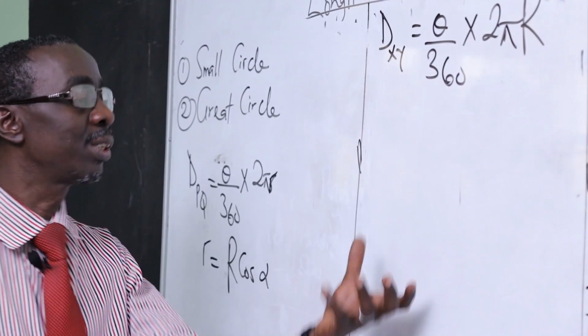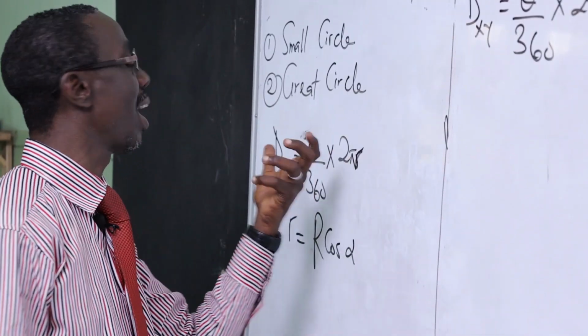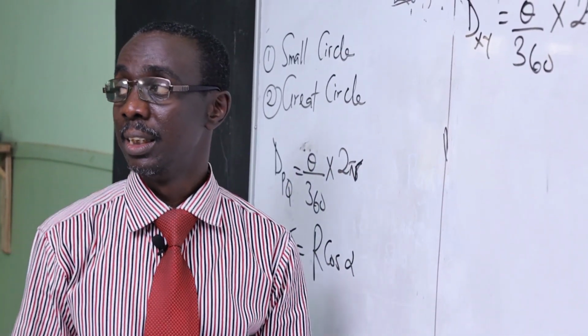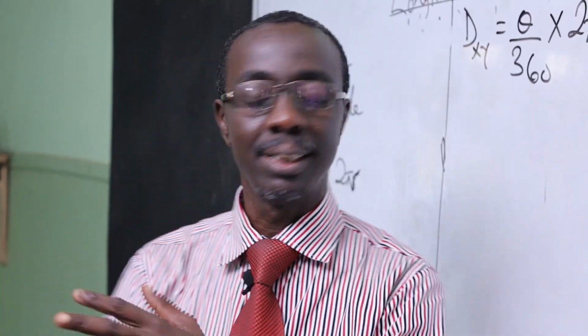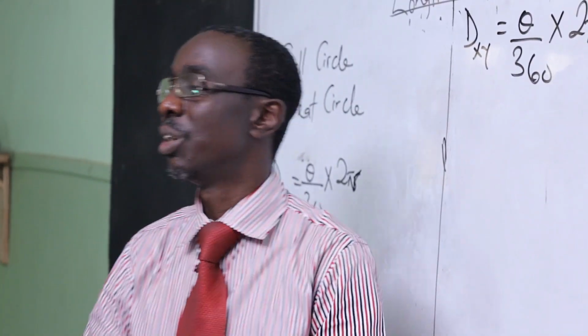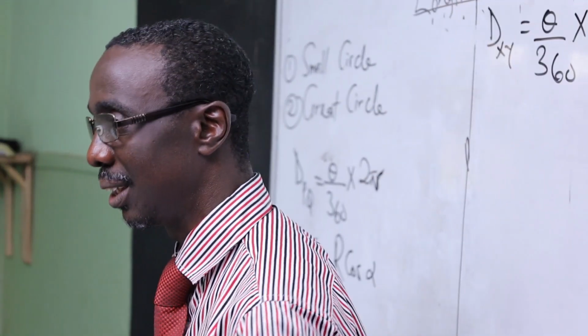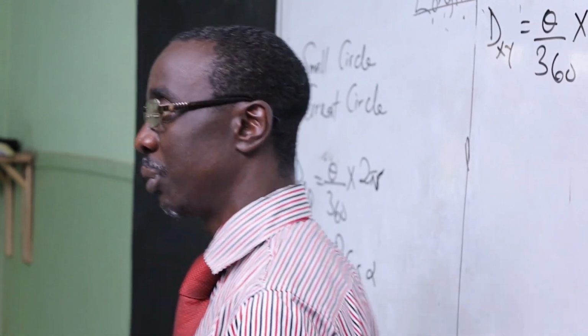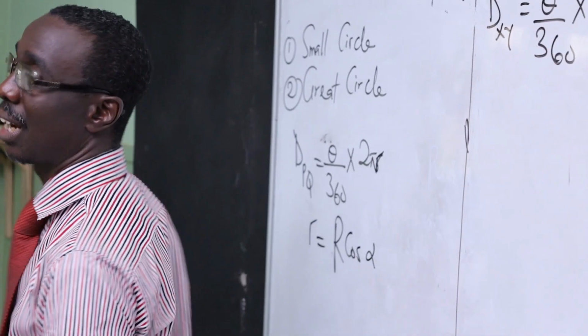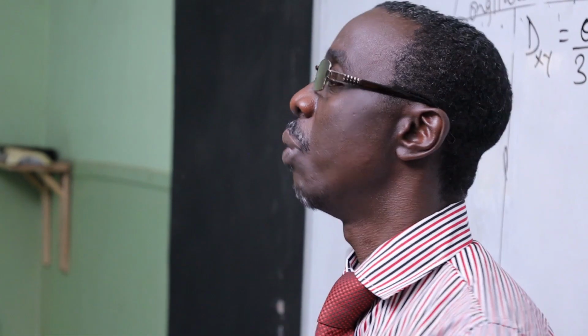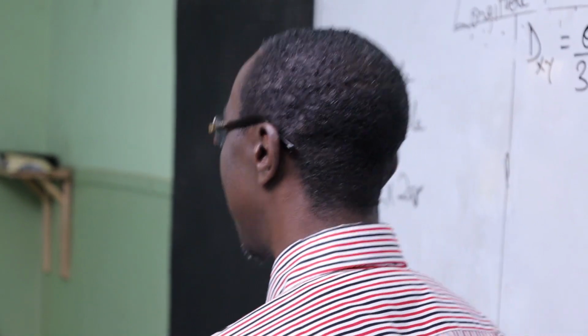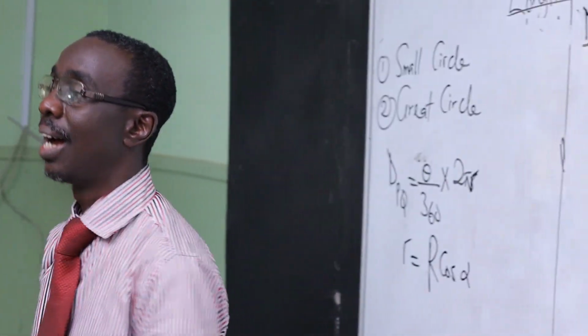So we must know how to get our angular difference in either longitude or latitude. When we say difference, it does not mean you basically have to subtract. Some students will think, since it is angular difference, that means we are subtracting. There are conditions when that will bring about subtraction, and there are conditions that will bring about addition.